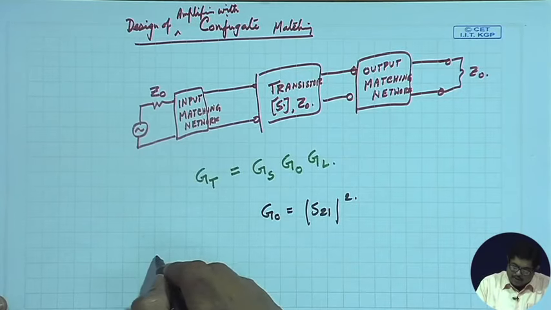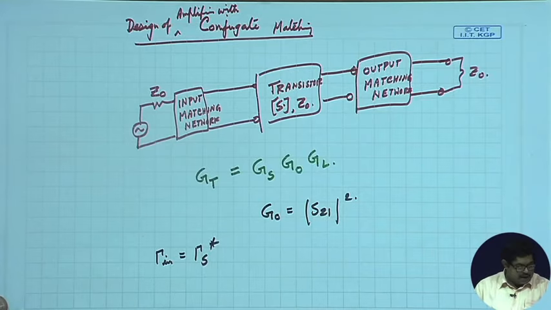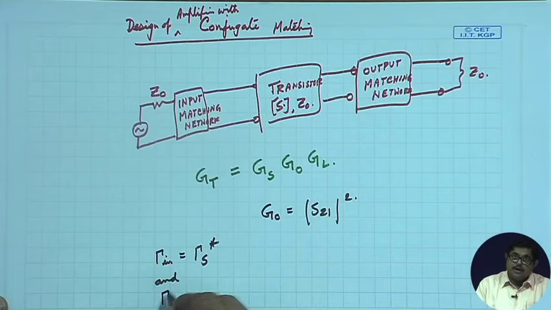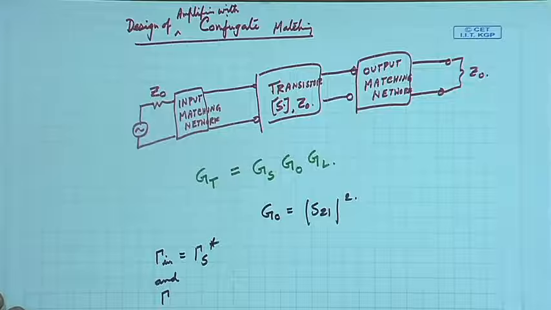Now, what is conjugate matching? That time we have seen that gamma in is nothing but gamma S star, and simultaneously, because in general for any transistor, unless we make the unilateral assumption, for a bilateral transistor S12 and S21 are different values.